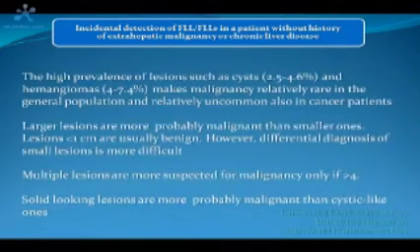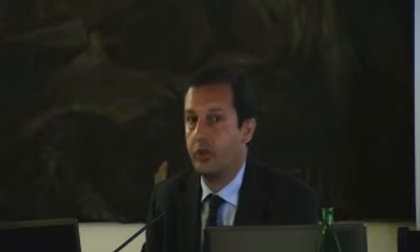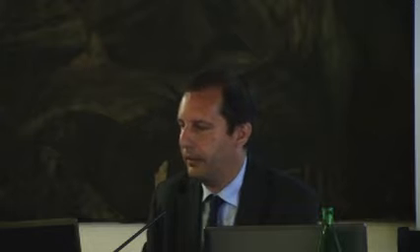In the first case, we must consider that there is a really high prevalence of benign lesions, so the probability of malignancy is rather low. Even in the cancer patient, it's not the more probable occurrence. We must know that the larger the lesion, the more probable its malignant nature.